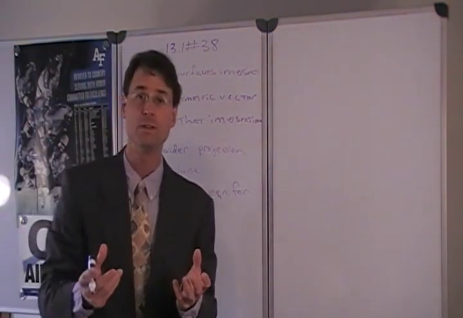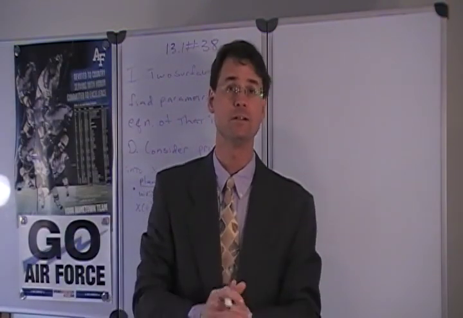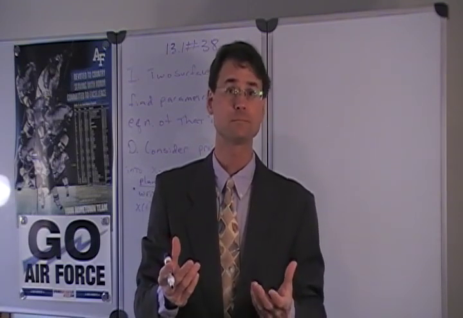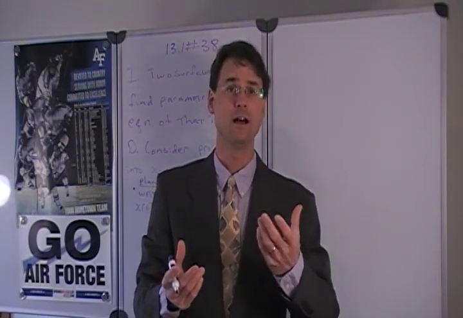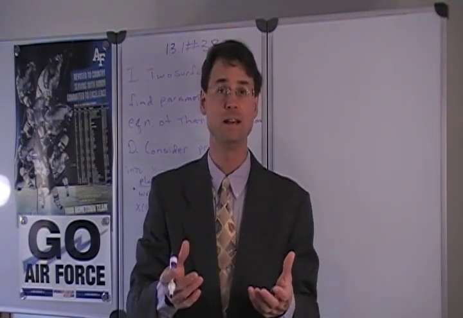In other words, both of these curves exist in 3 dimensions, and thus their intersection exists in 3 dimensions. So our final answer will be a full 3-dimensional vector equation, x of t, y of t, and z of t.